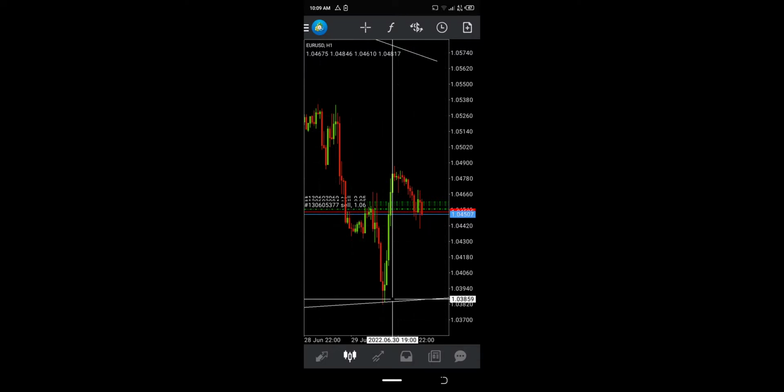My target is $100. For those living in Kenya, that's over 10,000. I don't know how the dollar is, but it's roughly 10,000. That's my daily target, because I don't want to be greedy, and having some target is good. With best risk management and having my own targets, you can achieve what you want.